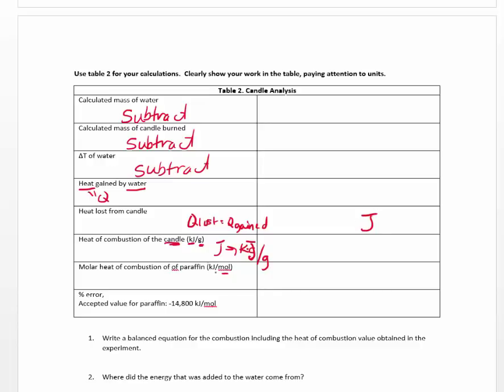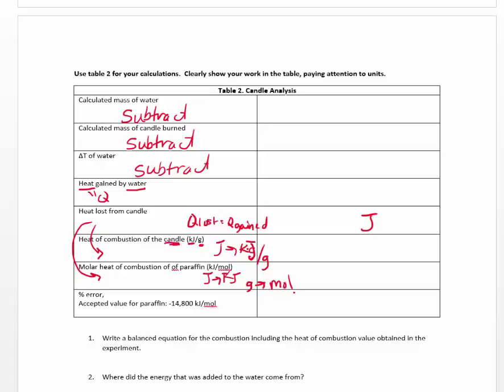Same joules, you're still going to do the same thing, same answer from up here, same Q for both times. Change them to kilojoules, but before you do that, you're going to have to change grams of the paraffin, which is wax, by the way. Paraffin is just wax. Change it to moles.